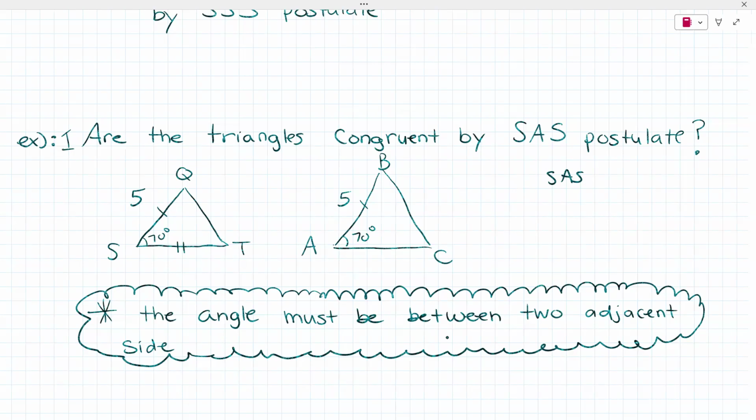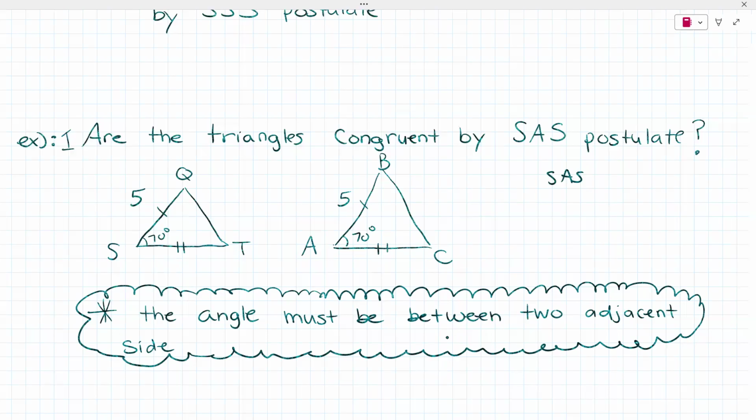You have a side, and then the angle is 70 degrees, and then the other side is length ST. Yes, that would work, because the angle is between the two side lengths. And then let's look at the other triangle. Your side length is line segment AB, your angle is angle A, and then this should also have two marks here. So yes, this would also be SAS because the angle is between the two side lengths.